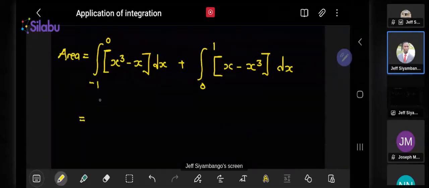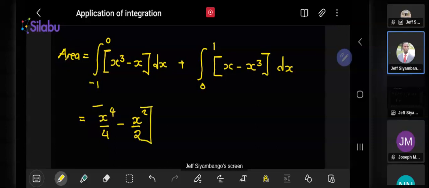Okay, let's go on. For the first part, when x is 0, this all dies out. So it's going to be 0 minus, I haven't integrated yet. Let me integrate first. When we integrate, we get x to the 4 over 4 minus x squared over 2, from minus 1 to 0.